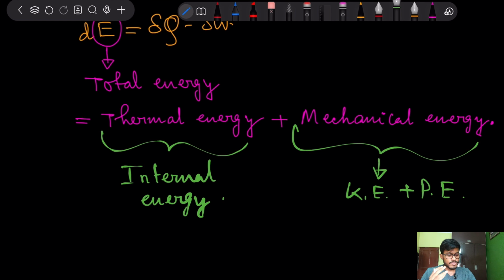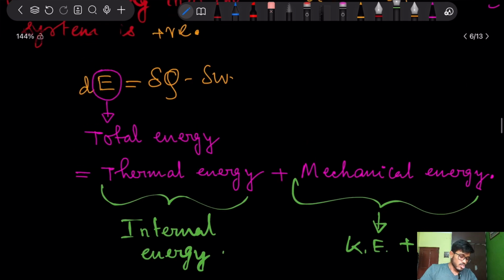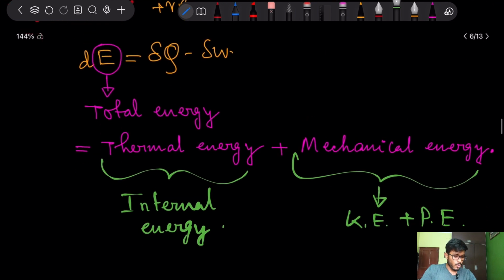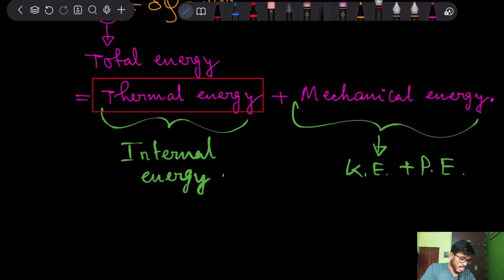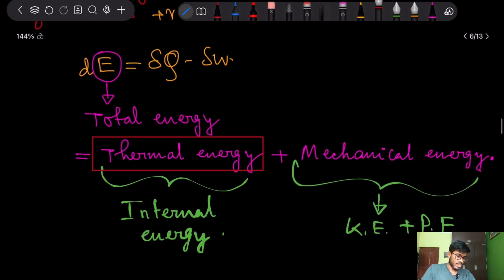And the mechanical energy is like half mv square and mgh that you already know from your basic mechanics. Here we have to go for the governing equation for temperature. Mechanical energy has nothing to do with temperature, so we will be talking about the thermal energy.